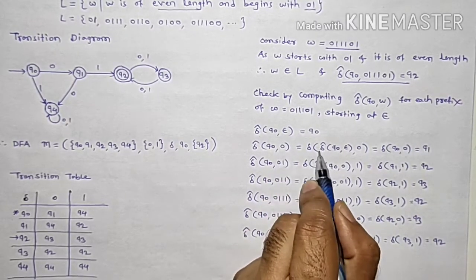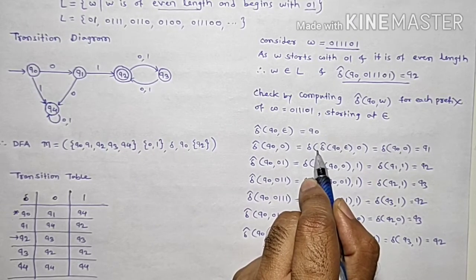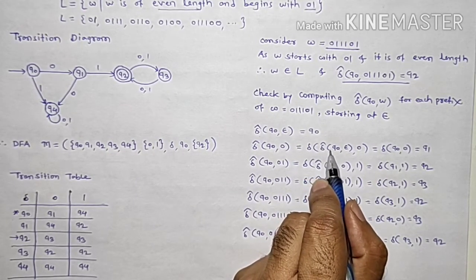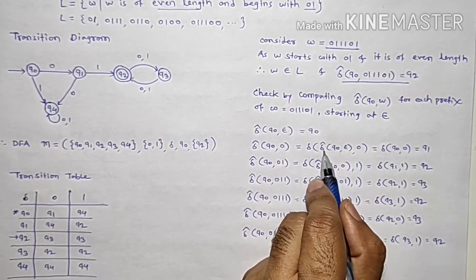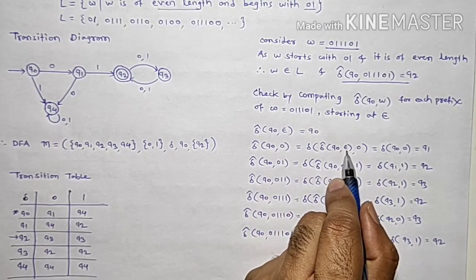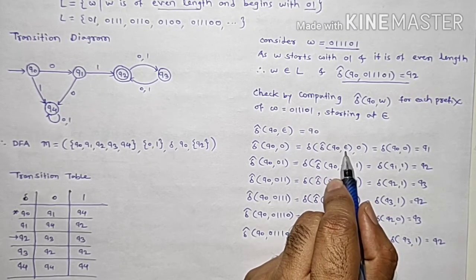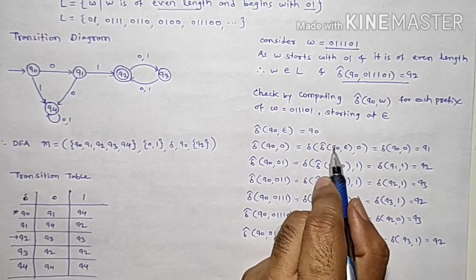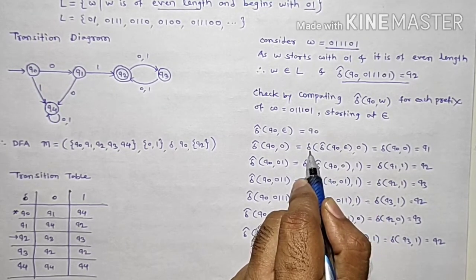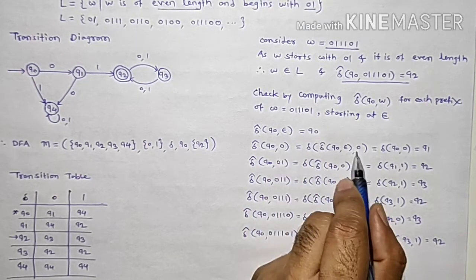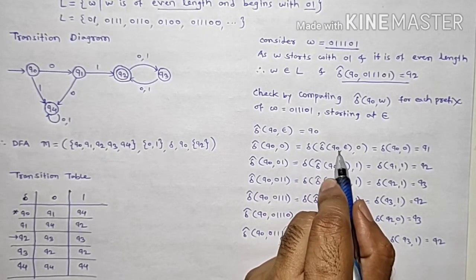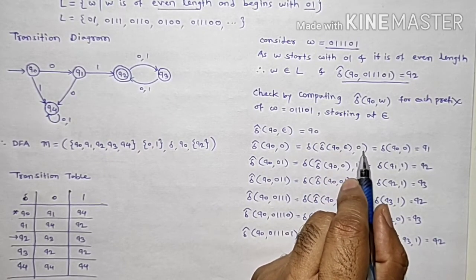So we first find the delta cap for the prefix, that is delta cap of q0 on epsilon, and then take the transition of whatever state we get on the last symbol of w, that is 0. So delta of delta cap of q0 on epsilon, comma 0.